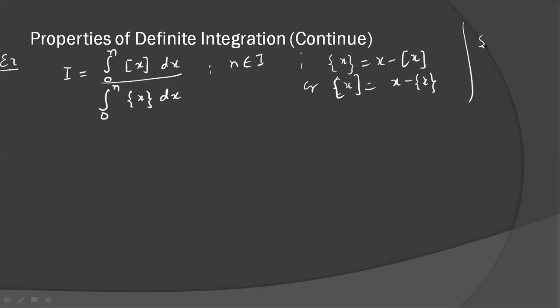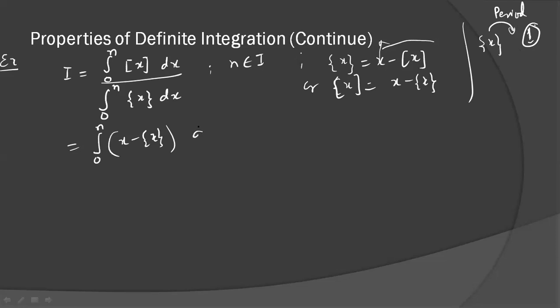And the fractional part function is a periodic function with period 1. I have discussed this in lecture 14. But x is not periodic and the greatest integer function separately is not periodic; the difference, however, is a periodic function. So use this value of the greatest integer in the numerator. It is the integral 0 to n of x minus the fractional part of x dx, over the integral 0 to n of the fractional part of x dx.